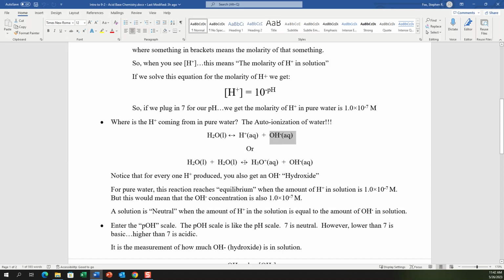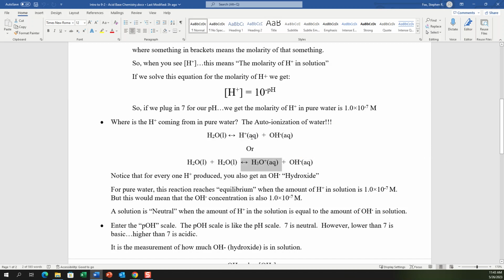Now what's really going on is the water molecules are bumping into each other, and sometimes one water molecule can take an H plus away from another water molecule. And when that happens, if this water molecule gains an H plus, it becomes H3O plus, hydronium, and the water molecule that lost an H plus becomes hydroxide. But either way, we have water yields H plus and OH minus, or water yields H3O plus and OH minus, and that's why H plus and hydronium are synonymous.